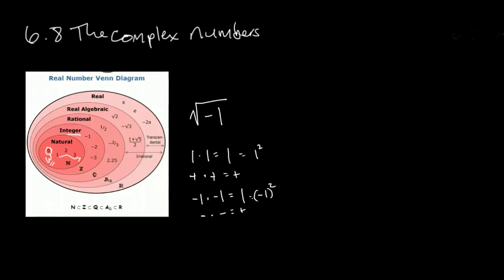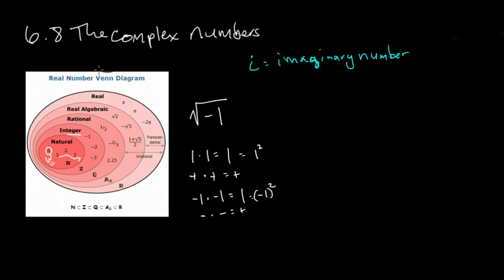So we define another constant, and we'll call this constant i. And i is our imaginary number. The technical definition of i is a number that when you square it will generate a negative 1.